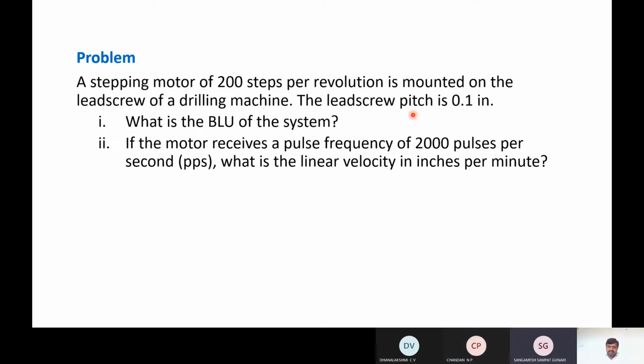But the general meaning other than that: pitch 0.1 inches means that if there is one revolution, that will result in 0.1 inches of linear movement. If there is one revolution, it will result in a linear movement of 0.1 inches in case of lead screw. Now based on this, find out the basic length unit.